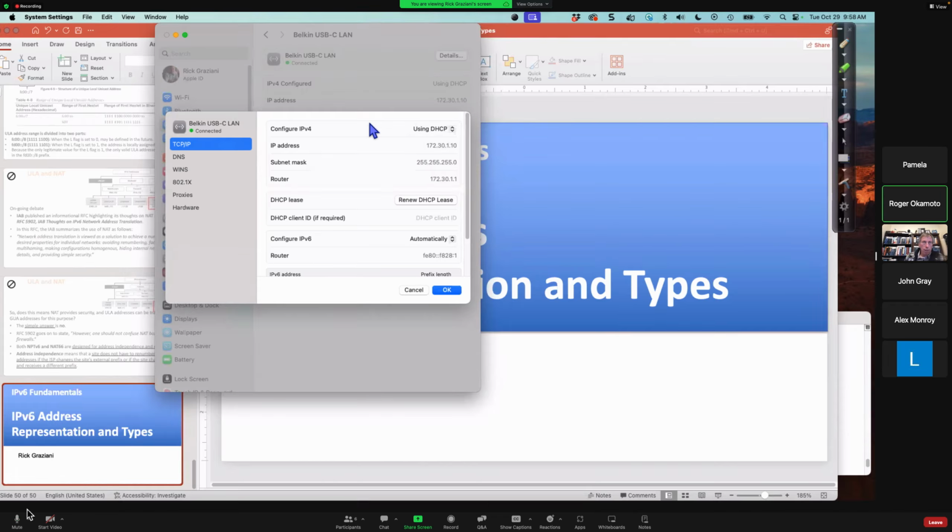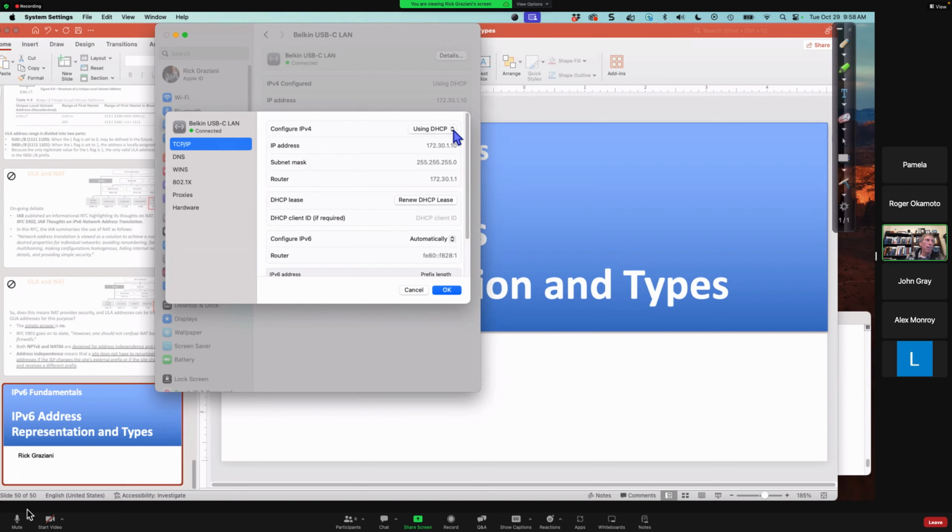So I looked at this. Oh, it's using DHCP, it's not set. So let me reset it. And then it worked. So say hypothetically, I did not want to use DHCP, and I picked another option, say the second one.